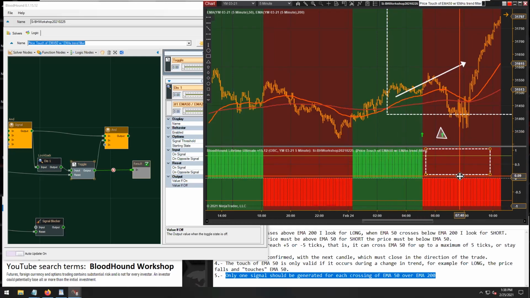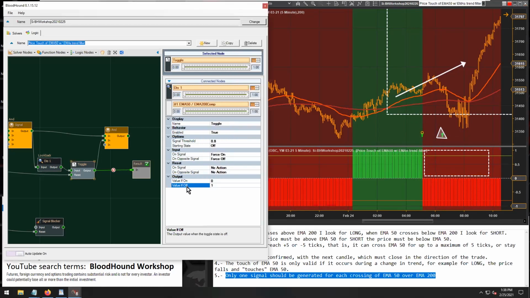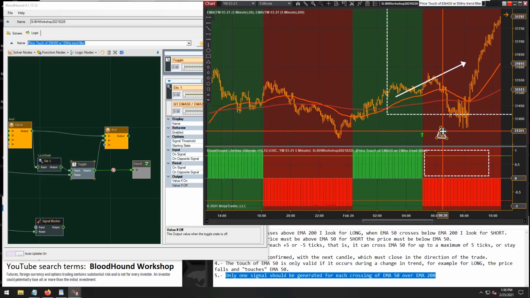But once that signal comes in, over here, the toggle node is now turned on because our first long signal came in, but we reversed it to off. So now that the output is off, that will block our extra signals here. Any of these extra signals get blocked because the toggle node is off.